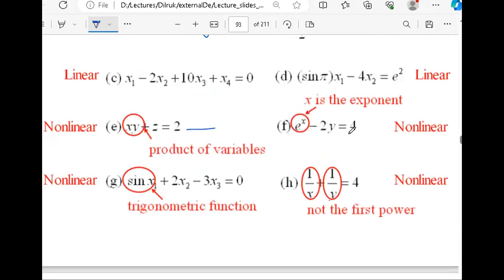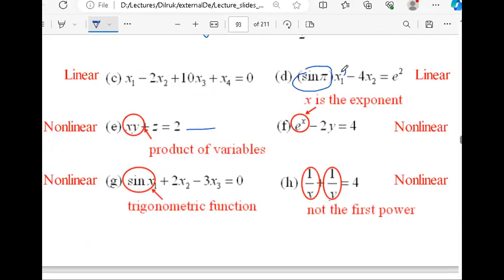Exponential is non-linear. But sine of pi is a constant. Pi is an irrational number, a constant.